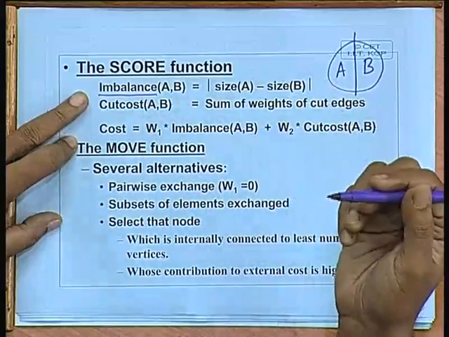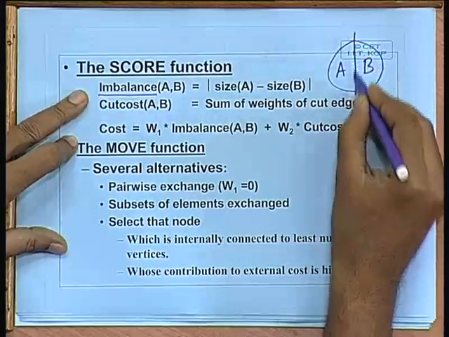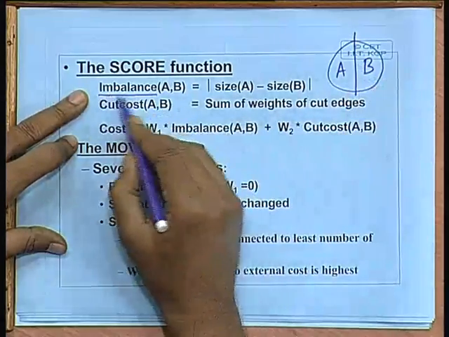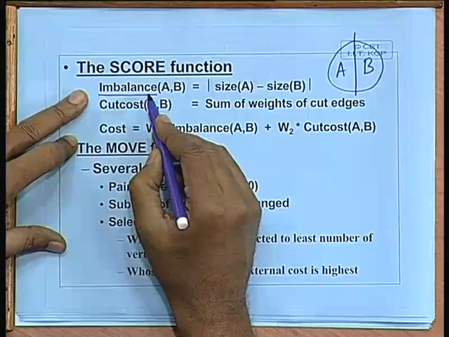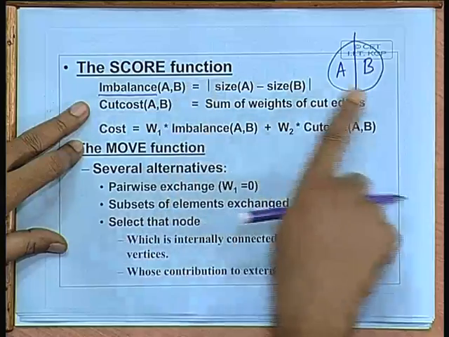If your objective is to obtain an exactly balanced partition, then this imbalance should ideally be 0. But in some cases you can accept imbalances which are not 0.